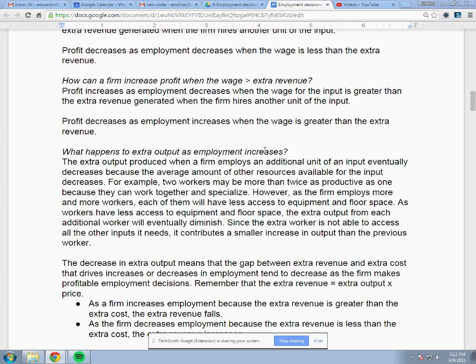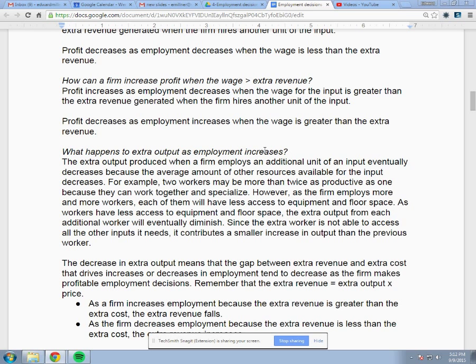Profit increases as employment decreases when the wage for the input is greater than the extra revenue generated when the firm hires another unit of the input. Again, I'll have another video working through an example of this situation. Profit decreases as employment increases when the wage is greater than the extra revenue.